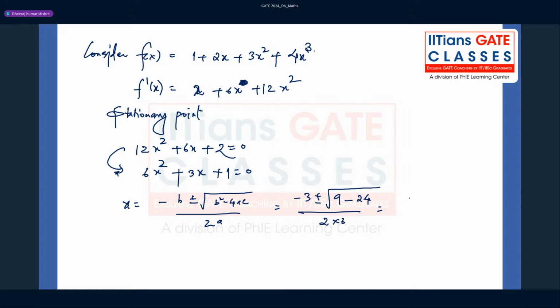If you compute this, it will be minus 15 under the root, and the denominator is 6. So this is nothing but minus 3 plus minus j root 15 by 6.